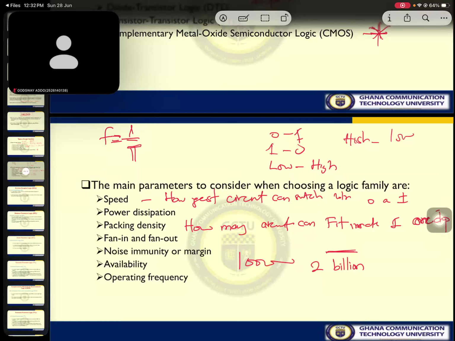So the speed tells you how fast the circuit can switch between 0 and 1, 1 and 0, low and high, high and low. But the frequency informs your decision in terms of the rate at which the whole circuit or system can run effectively, efficiently, or reliably. That is what it is.